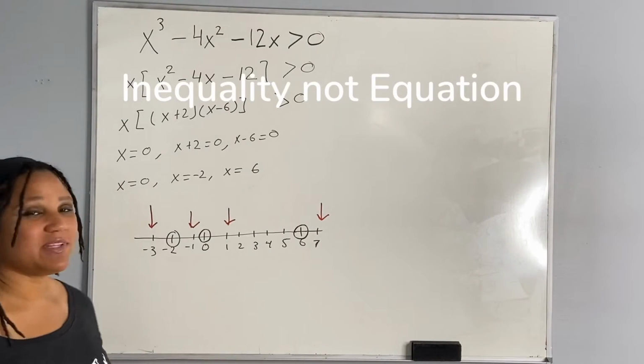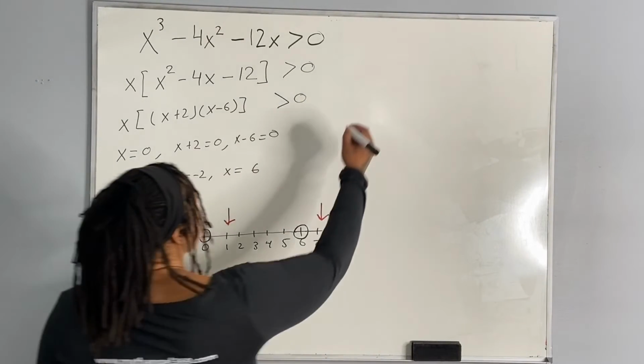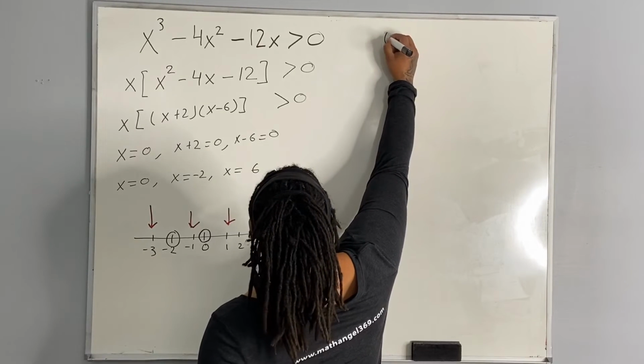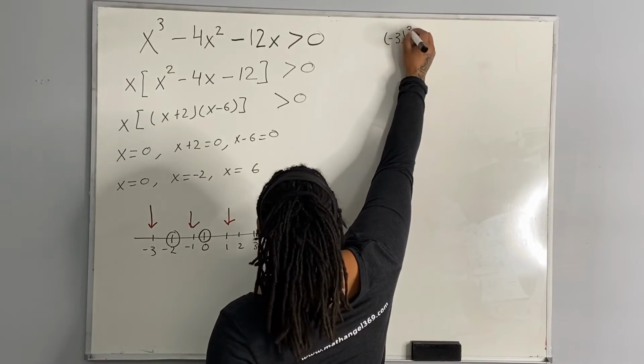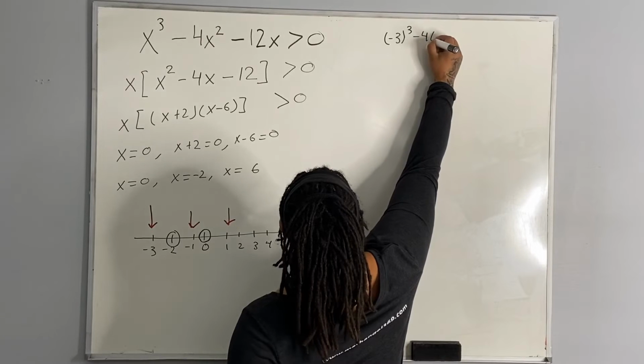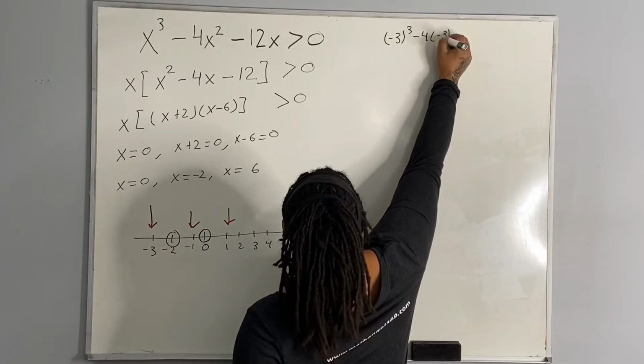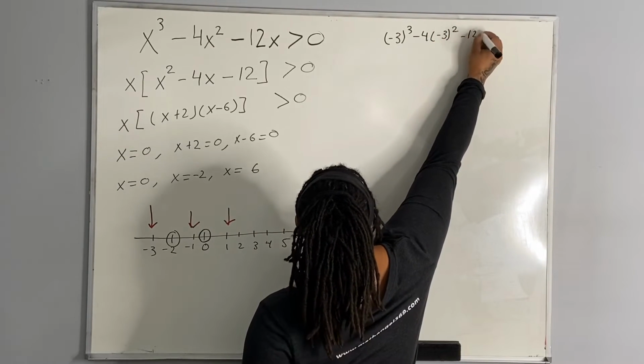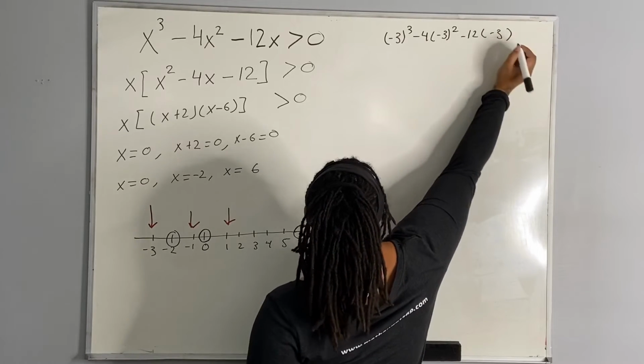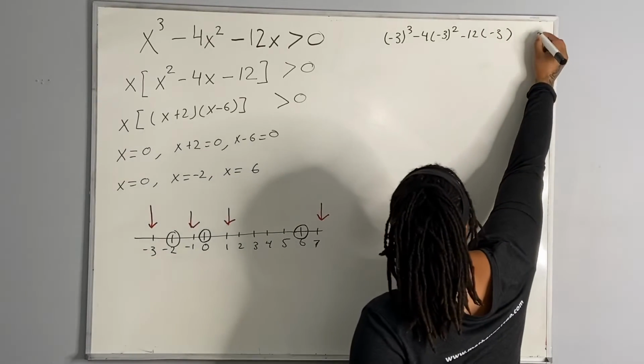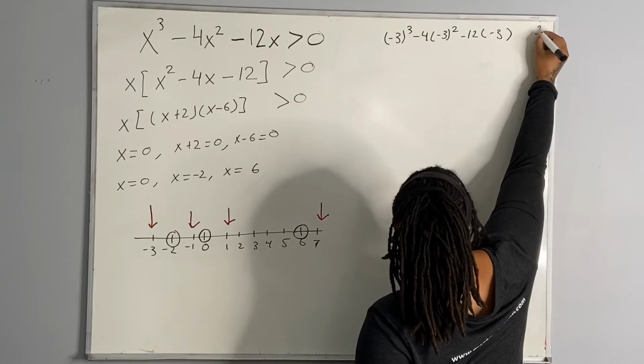So I'm going to plug in negative 3. We get negative 3 cubed minus 4 times negative 3 squared minus 12 times negative 3. And we want to ask ourselves, is it greater than 0?